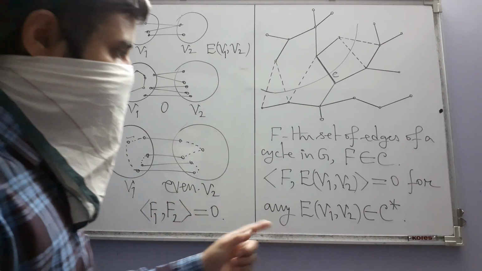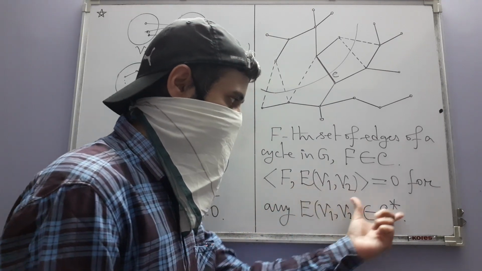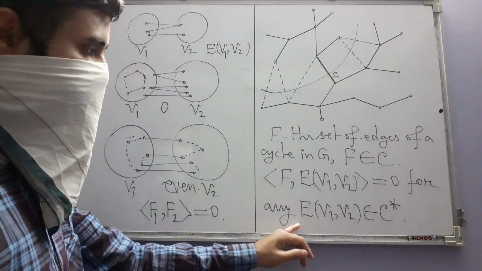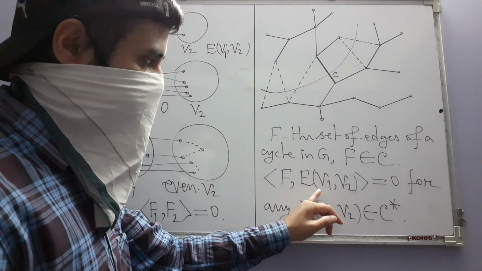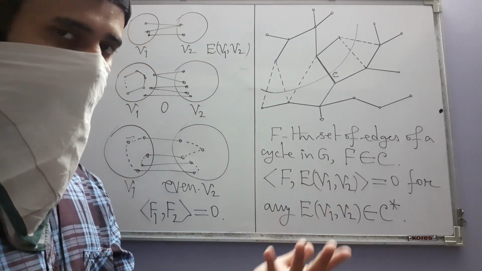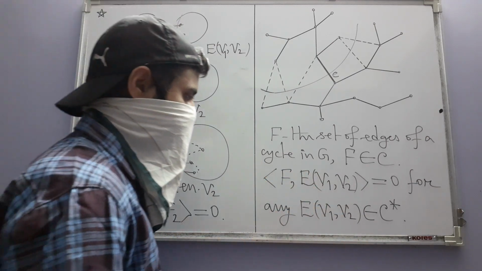Keep in mind that the cuts in C star are the vectors in C star, besides the empty edge set.